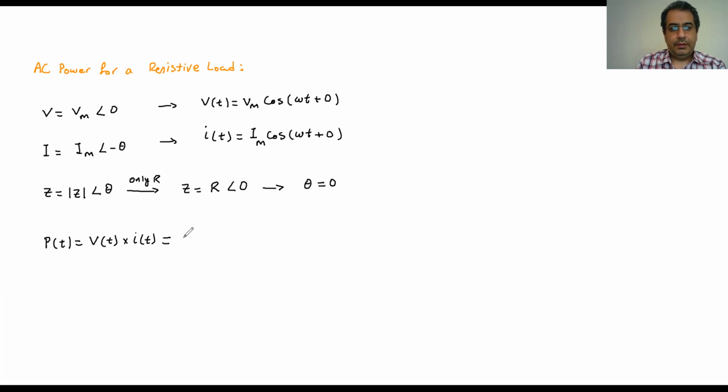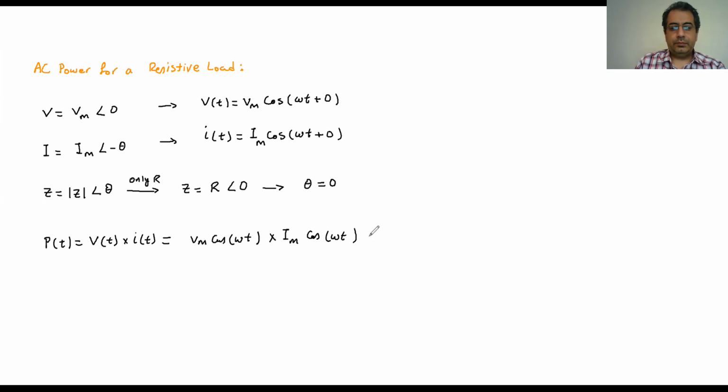So it's going to be V max cosine omega T times I max cosine omega T, and I don't write the 0 because you don't need to have it there.